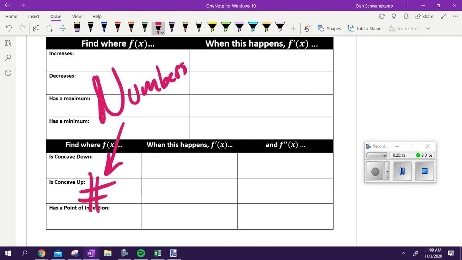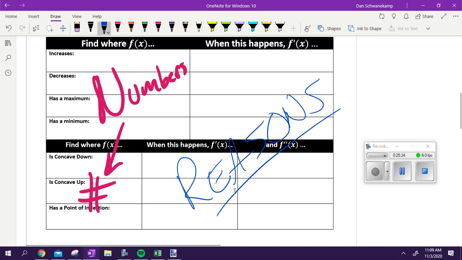In the other column where it says when this happens, F prime and F double prime, these are the reasons. What are you looking for on that F graph to determine those things? You're going to be increasing because F prime is blank, or F double prime is whatever. Does everybody kind of understand what you're doing?